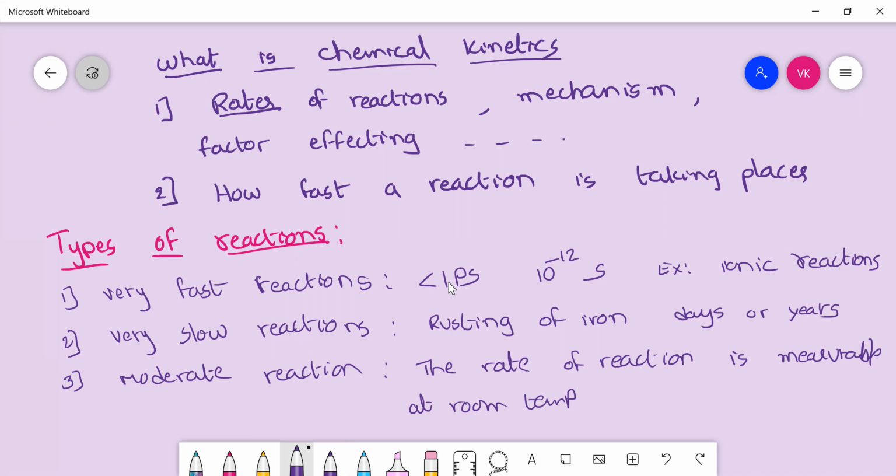Generally these reactions are useful to measure rates. That's the reason why in chemical kinetics we mostly deal with moderate reactions, where the rate of reaction is measurable. So this is the way of classifying reactions based on their rates.